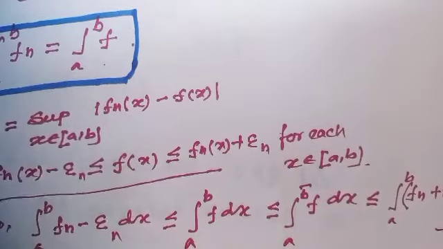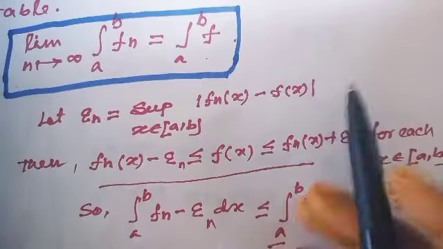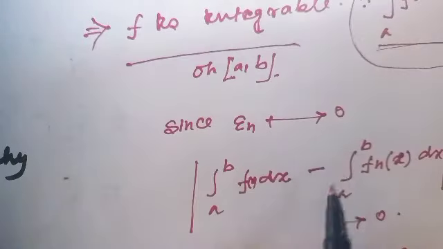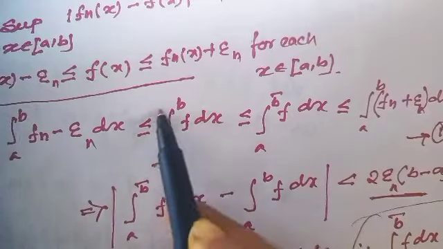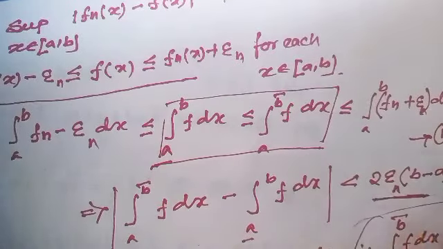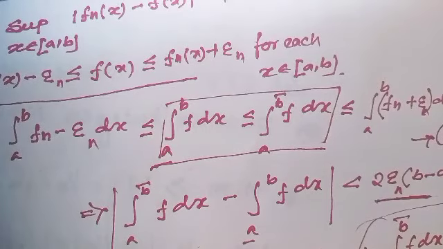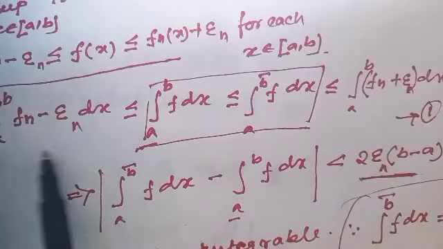Now, since the sequence of functions is uniformly convergent, obviously epsilon n tends to 0. That means since epsilon n tends to 0, therefore from this relation, since this part is equal, just at first see the relation.